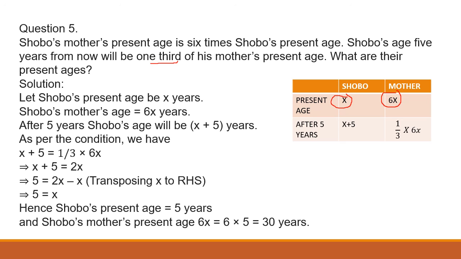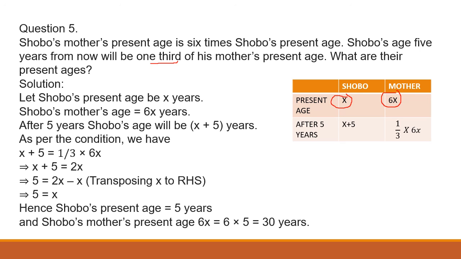Let us find the present ages. Children, let Shobo's present age be x years and Shobo's mother's age be 6x years. After 5 years, Shobo's age will be x plus 5 years. As I said, if Shobo is now 10 years old, after 5 years her age is 10 plus 5, 15 years.